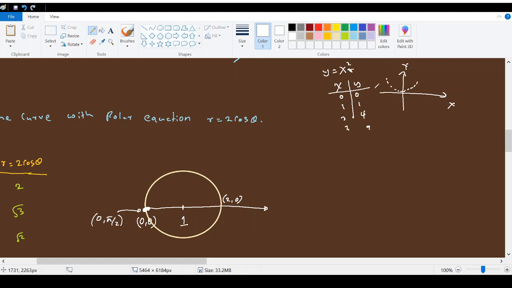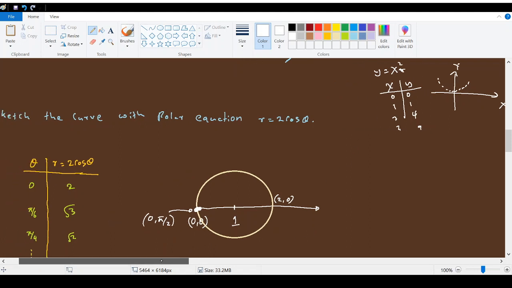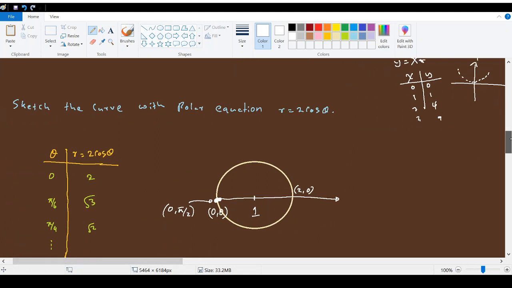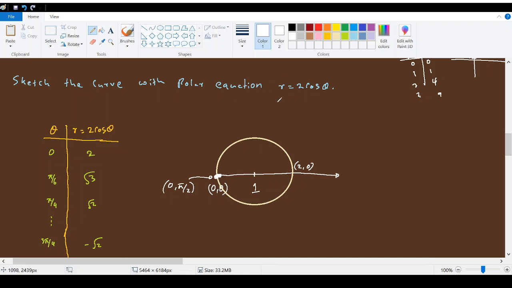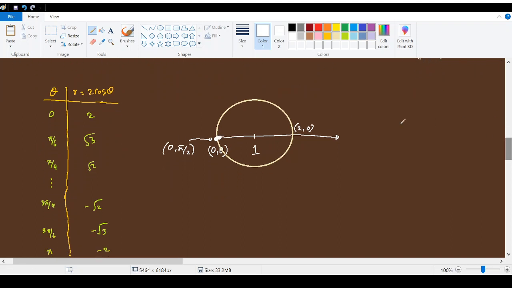So we can do a similar process here by finding the suitable r for different values of theta. If we find several values, starting at this point you will obtain a curve of this nature.